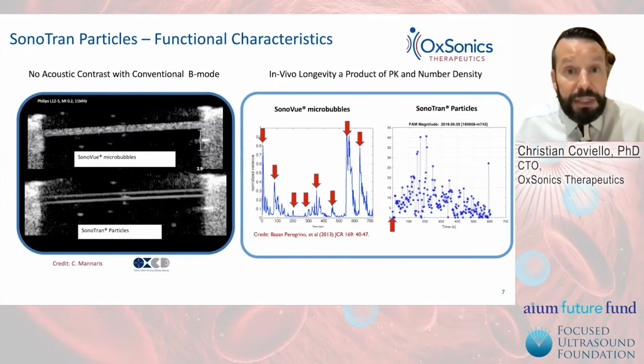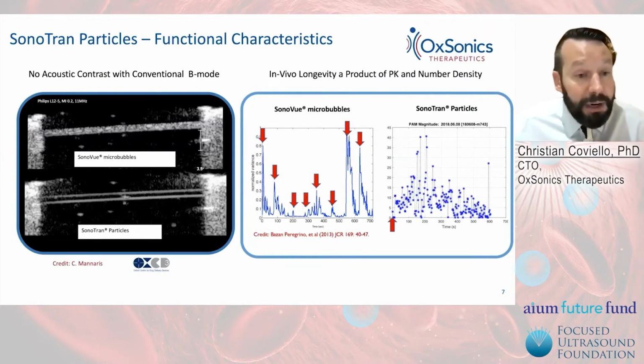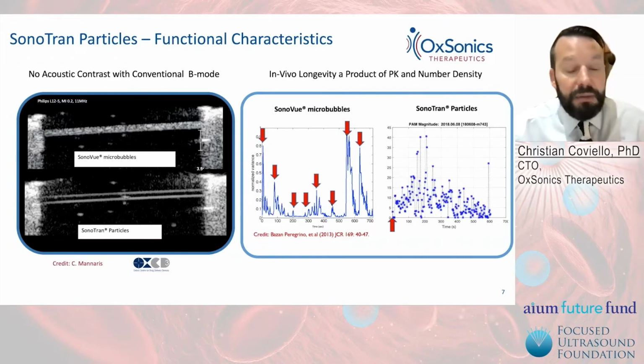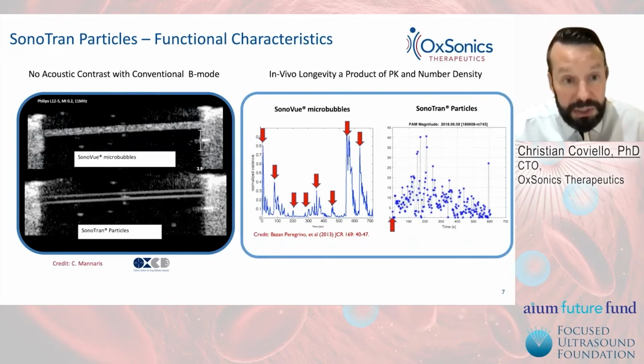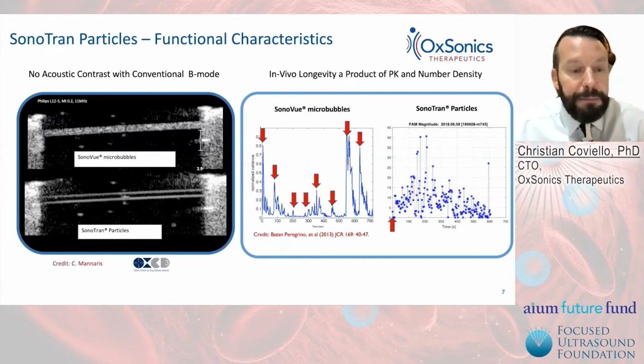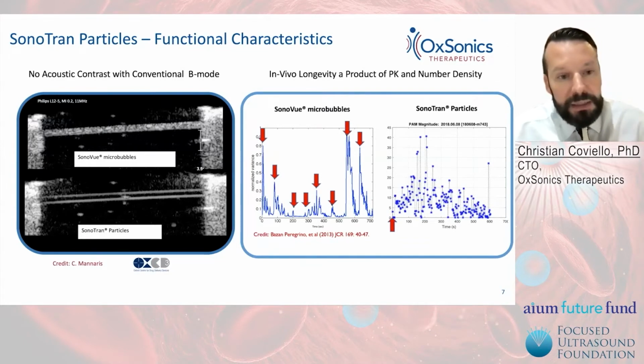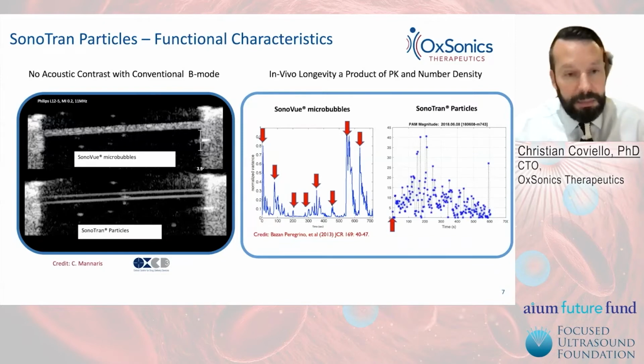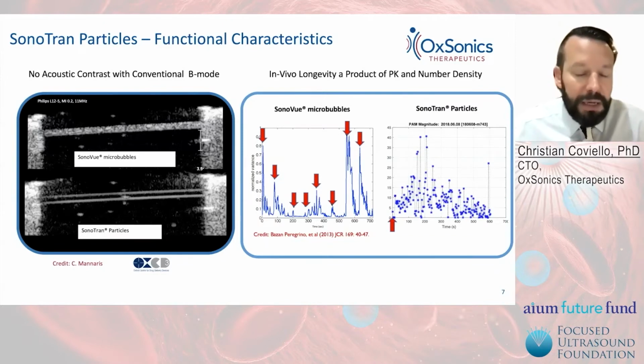Also, in terms of some other ultrasound functional characteristics, the particles themselves, probably not surprisingly, don't really have much acoustic contrast. So on the left here, the two different flow channels, the top one was Sonoview microbubbles, the bottom was sonotram particles, using a conventional Philips ultrasound imaging system, where we've tried to normalize the number density of particles or microbubbles.